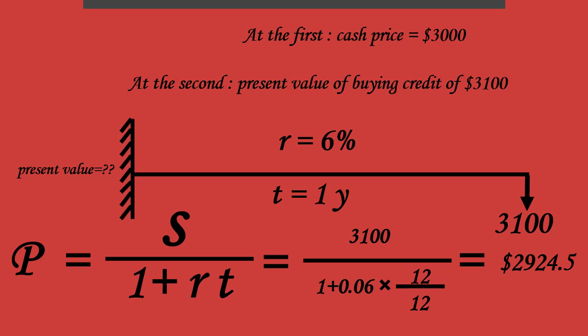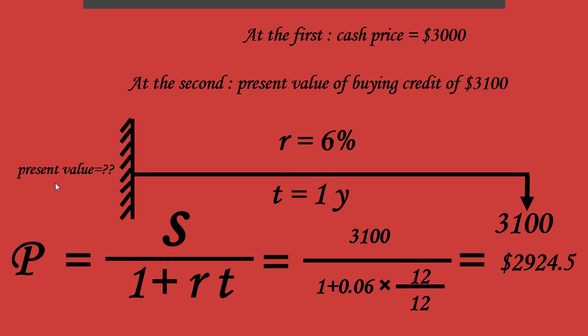To compare the two choices, we need to get the two prices at the same point of time, which is now. So the cash price is now, and the credit price is after 1 year. To get the credit price now, I must get the present value of $3,100.